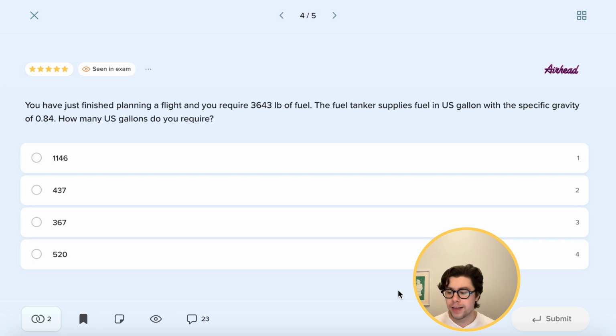Now, if we divide the kilograms by our specific gravity, we can easily get our liters. And in that case, this is 1,971 liters. And of course, then liters to gallons, if we divide it further by 3.785, we will get our answer of 520.